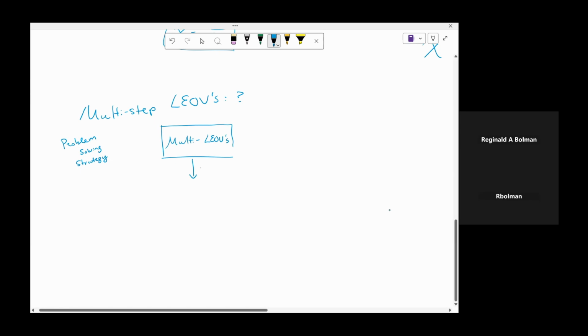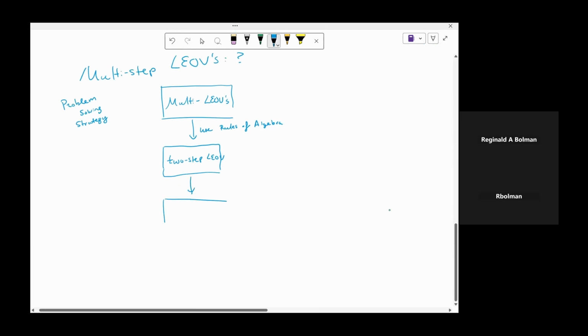Nevertheless, we're going to use the rules of algebra one step at a time. And what we can always do is finesse the multi-step LEOV to become a two-step LEOV, which is really fascinating.